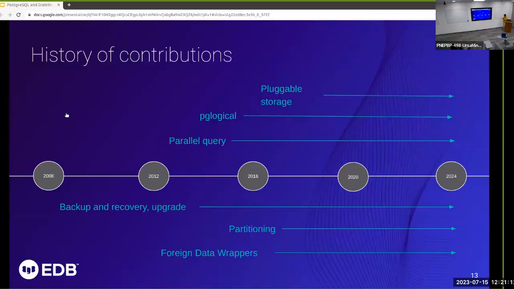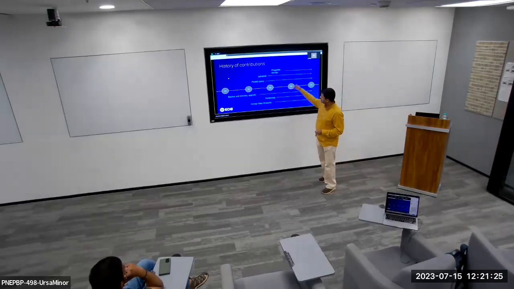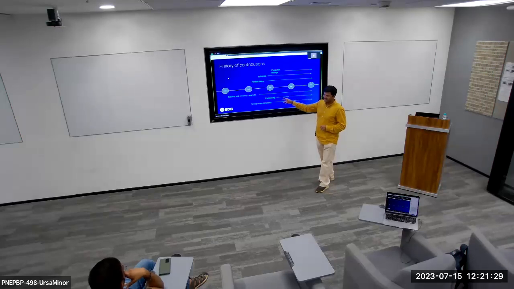Okay, I'll touch base upon some of the things that we have been working on, then timelines, just to give an aspect of what it takes to build these kind of systems. By the way, these are all the areas and many more where EnterpriseDB has been contributing over all these years.